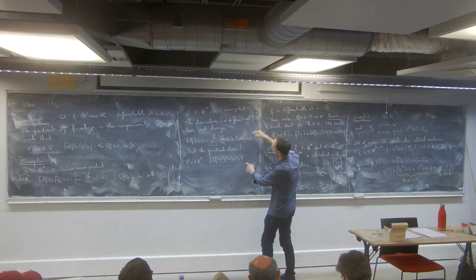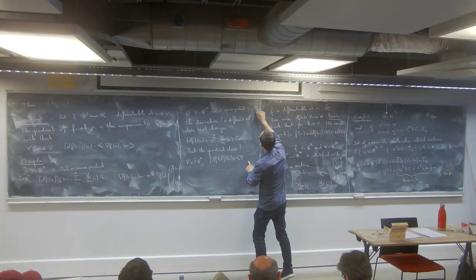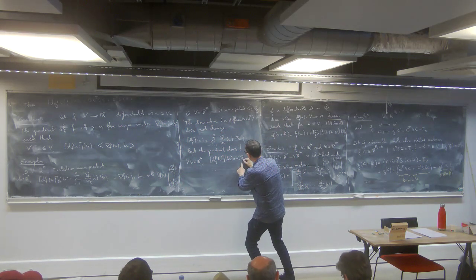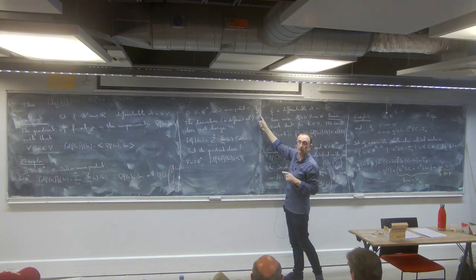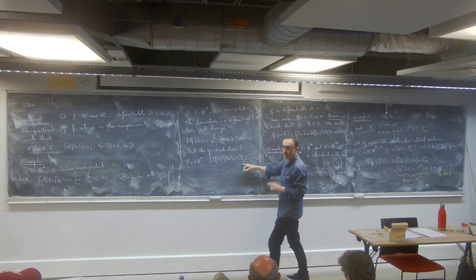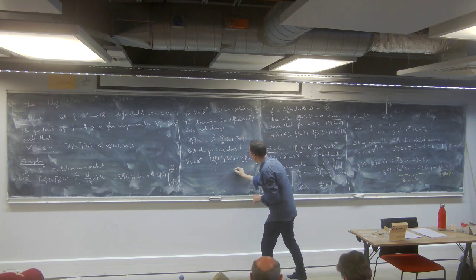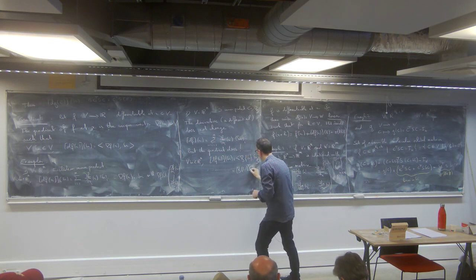To specify that I'm using this inner product, I put an S here. By definition, this inner product is the gradient vector transposed times S times delta x.